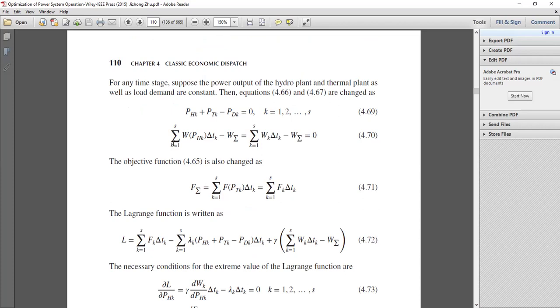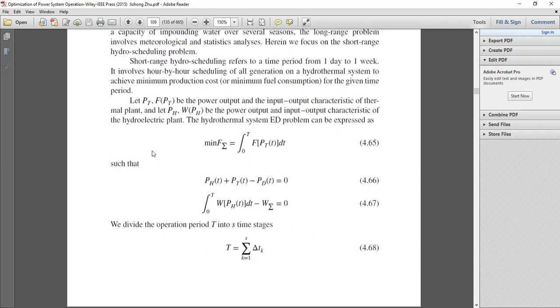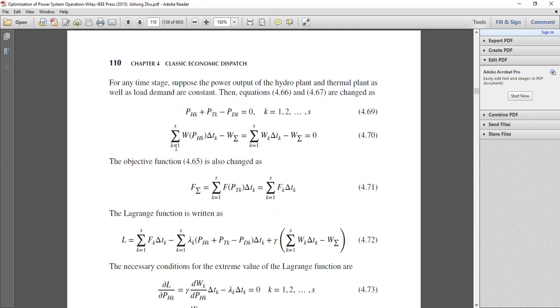Similarly, 4.67, which is another integral. The first part is an integral, so that will be transformed into 4.70 like this. Instead of the integral, we simply replace the 0 to t integral by the summation sign, and at the end we have this del tk. So we have the summation from k equal to 1 to s of w at pH of k.